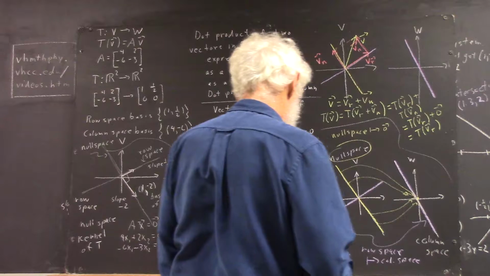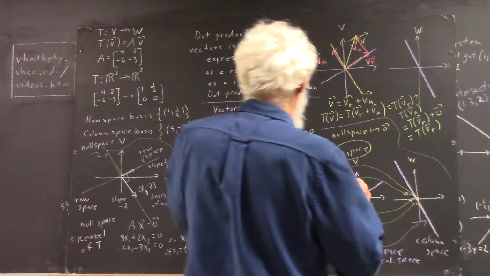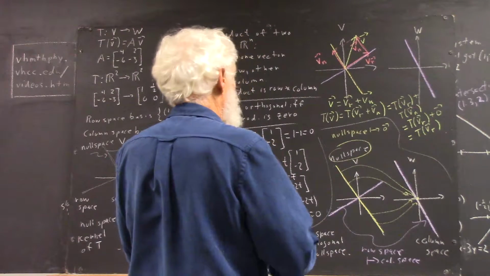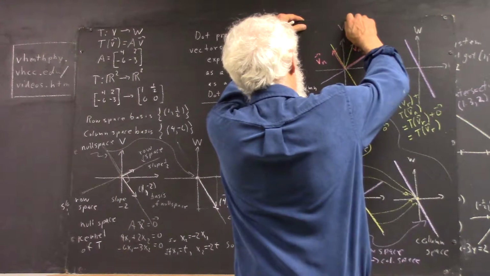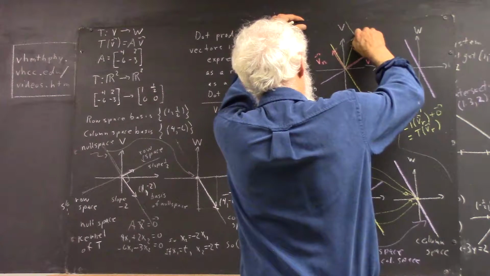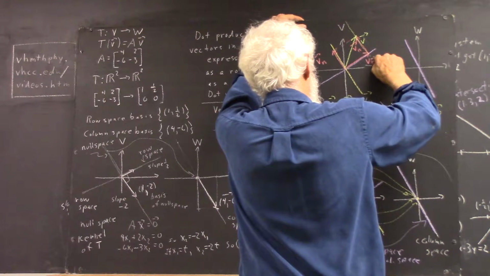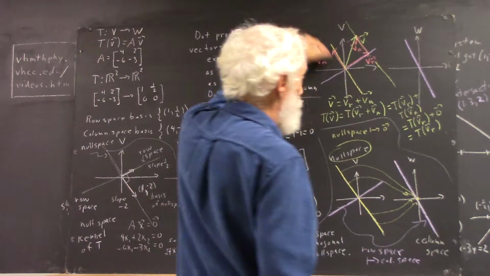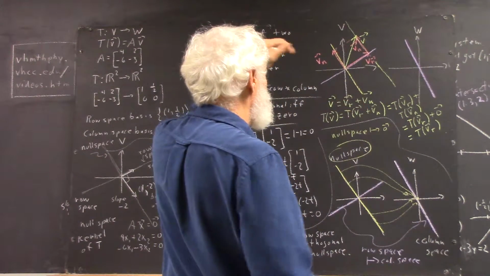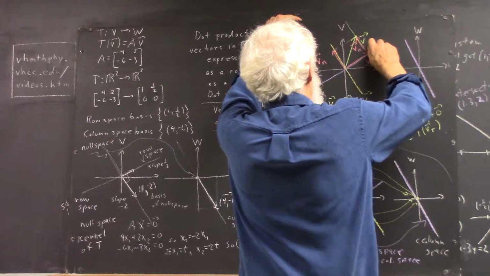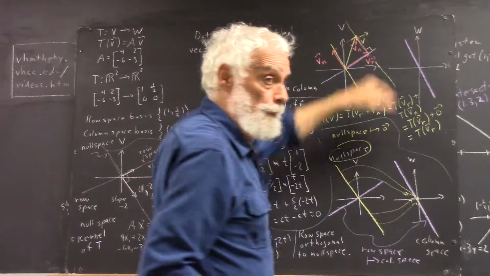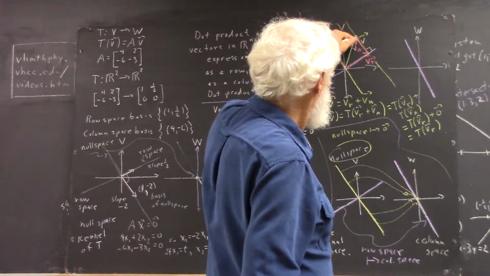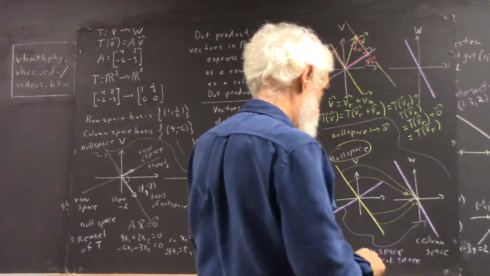Not only that, but it doesn't take much to see that any vector whose initial point is at the origin and terminal point on this line parallel to the line representing the null space, which is of course perpendicular to the column space, any vector represented by a point on this line is going to go to the same place this does.